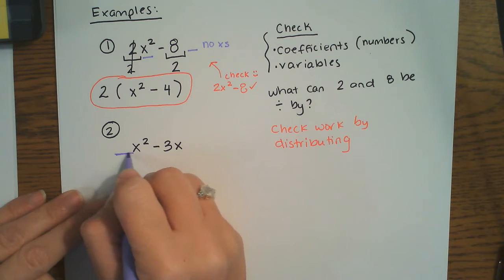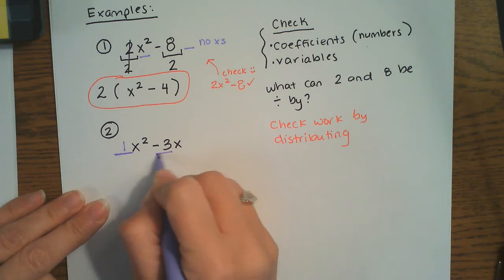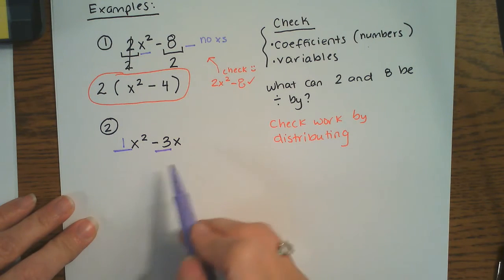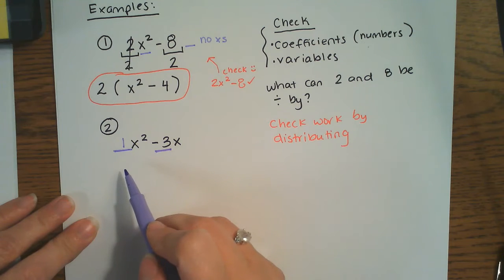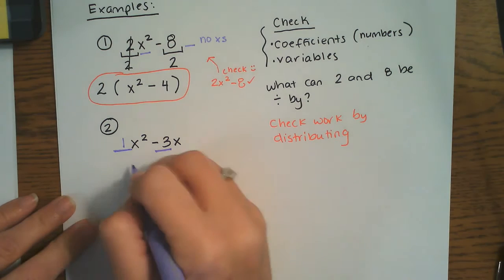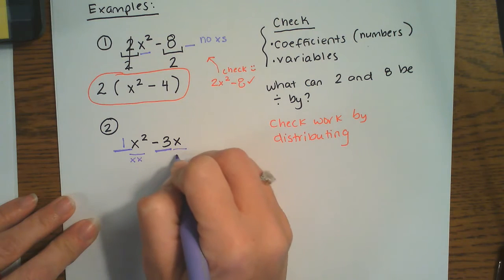This doesn't have a number in front, but we know there's a 1 there, and this has a 3. The only thing I can divide 1 by is 1. So we wouldn't divide by a greatest common factor of 1. We do not have a common factor for our coefficients, but I do see that I have 2 x's here and 1 here.